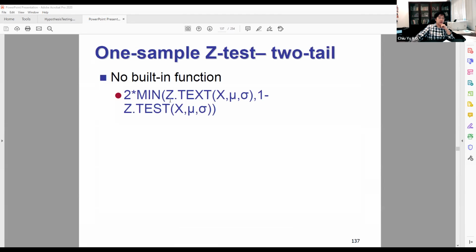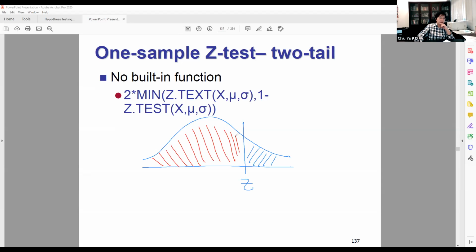And for the two-tailed, the definition of the two-tailed p-value is this: z, you look at the left-hand side or the right-hand side, and take the minimum. Why?